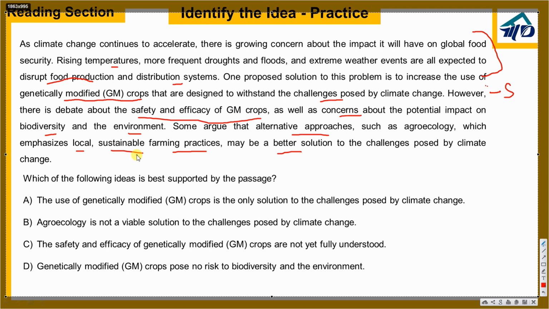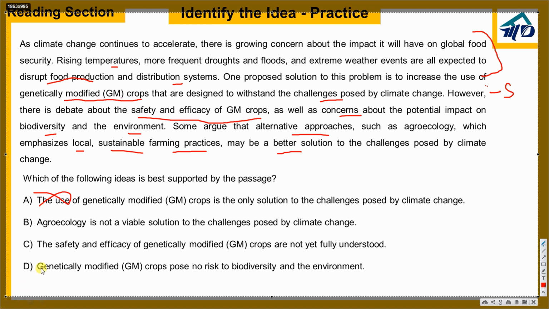Now let's go for our eliminate approach here. So first of all, the use of genetically modified crops is the only solution to the challenges posed by climate change. Well, this is totally incorrect. I am going to eliminate it. It says GM crops are the only solution. No, they did not say that.